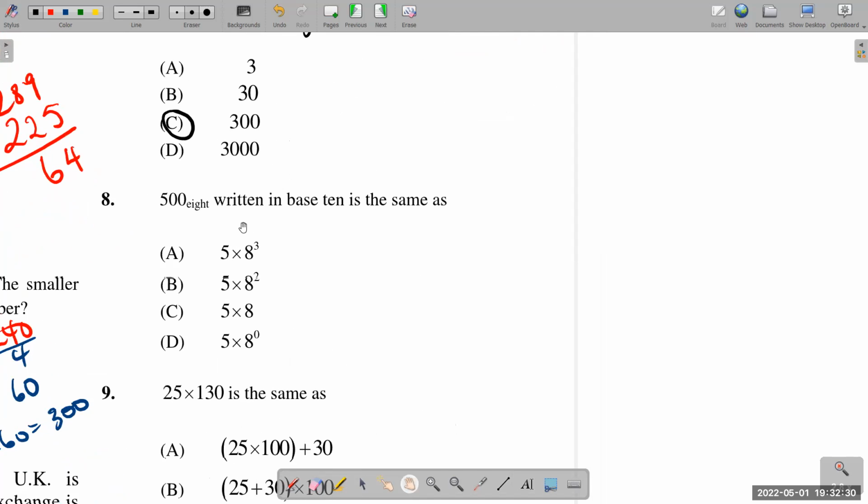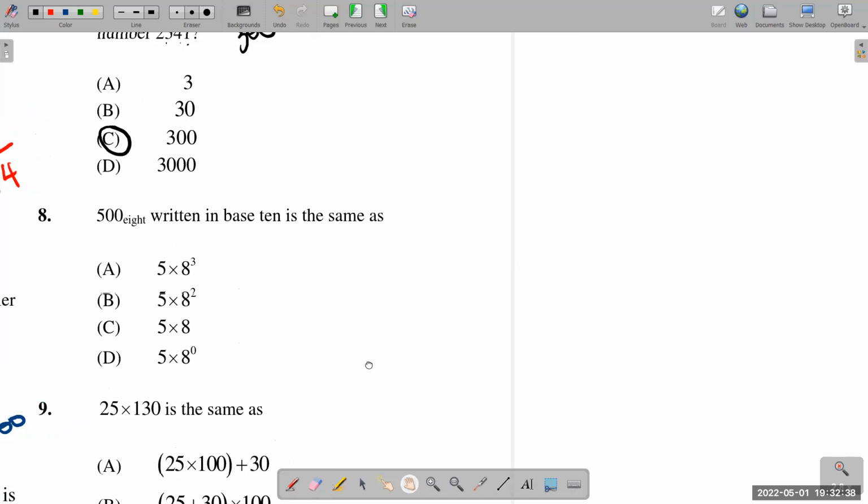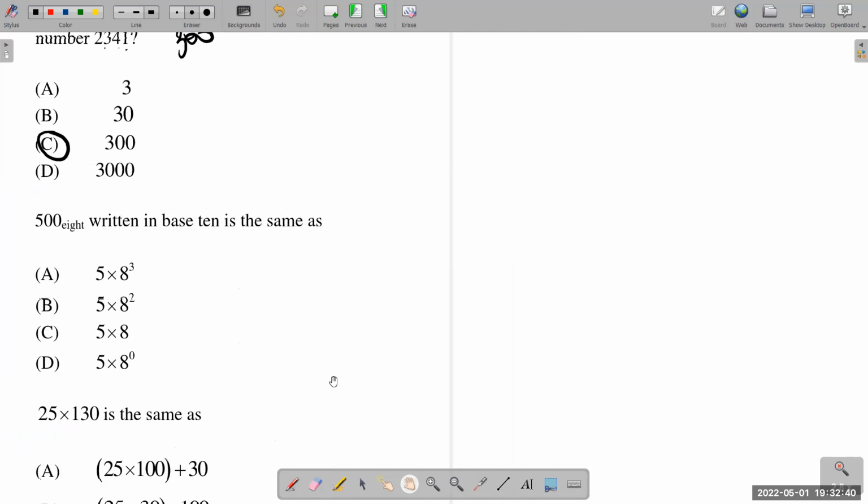Oh, let me ask this question. 500 written in base 10 is what? Anybody remember bases? Let me go through it now.